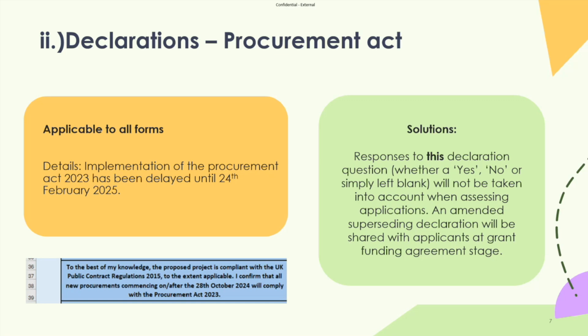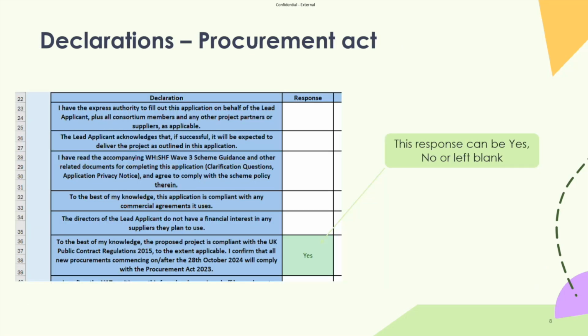So in this declaration, the response can be left clear, yes, no, or blank. It will have no effect on your application. So as you're going through your declarations, when you get to that one, you just either leave it blank or put yes or no. Again, it doesn't matter in relation to the application.